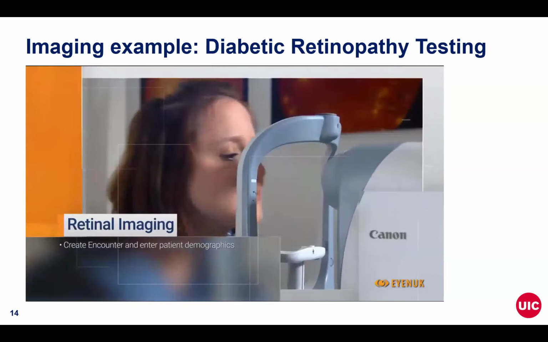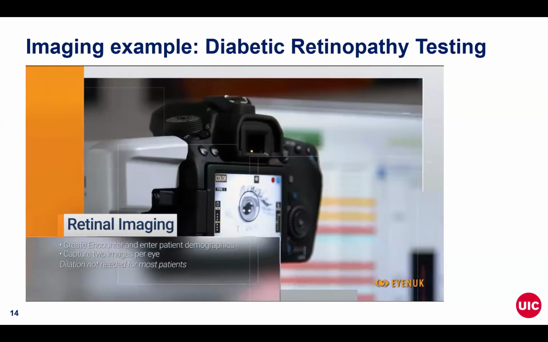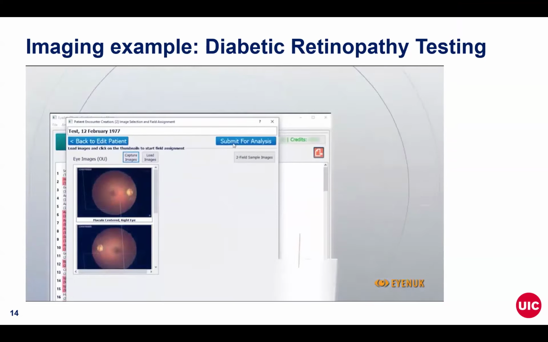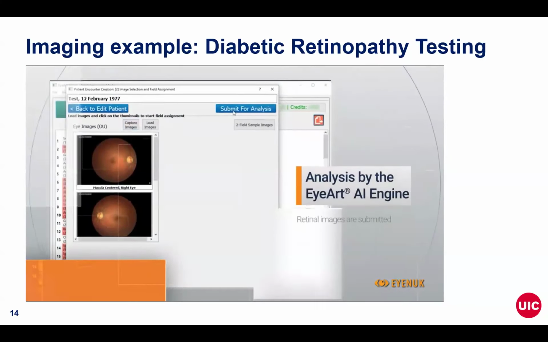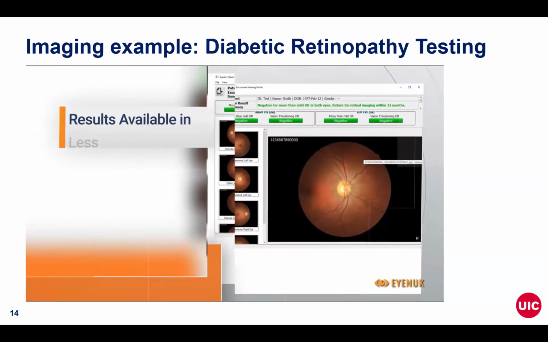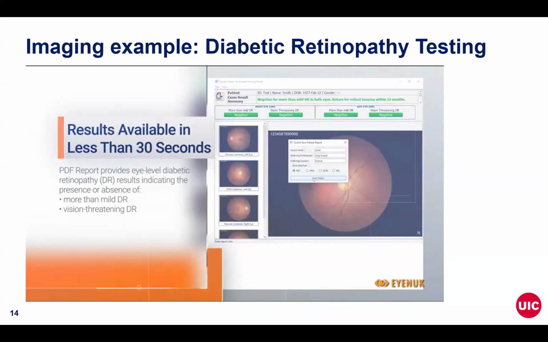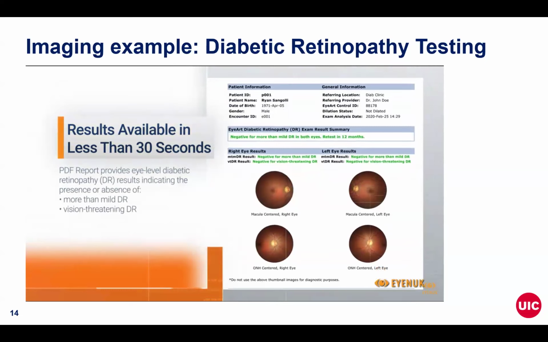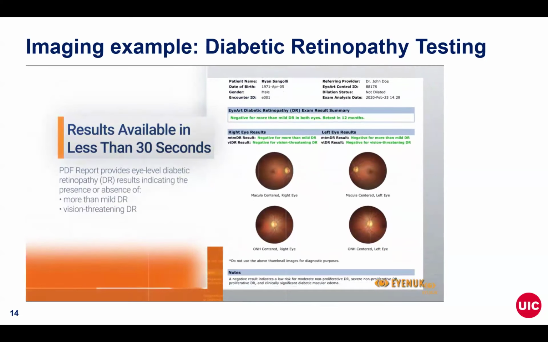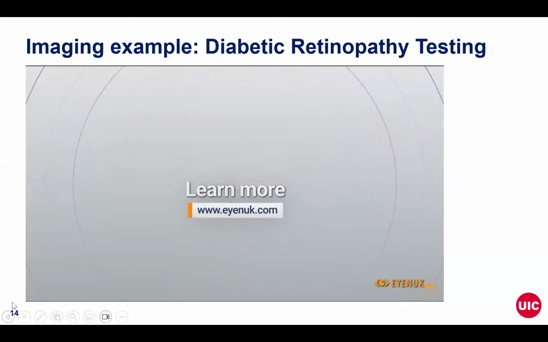Then, 2 retinal images are captured from each eye. Dilation is typically not needed for most patients. Next, the retinal images are submitted for analysis by the iArt AI engine, which produces results in less than 30 seconds. These results are presented in a PDF report that provides eye-level results indicating the presence or absence of both more than mild and vision-threatening diabetic retinopathy. Learn more about the iArt AI system at www.inuc.com.